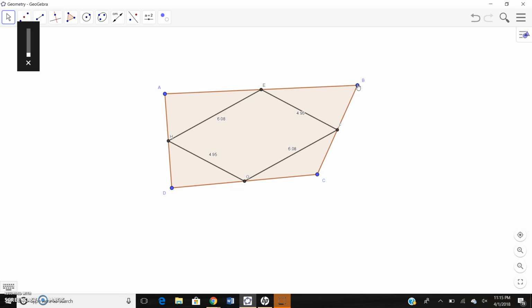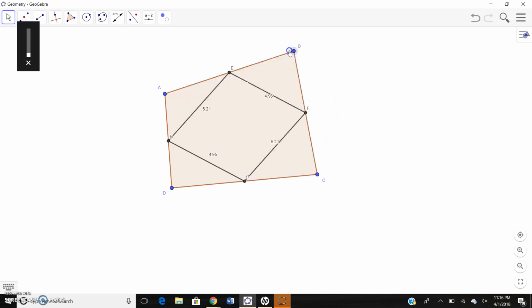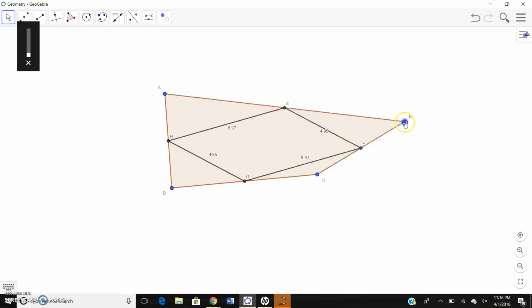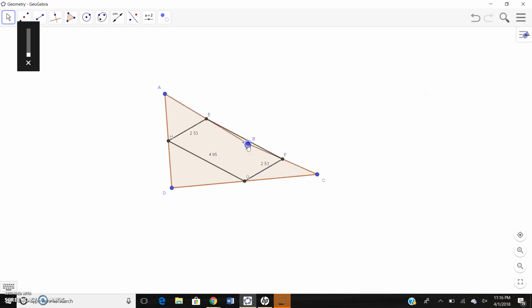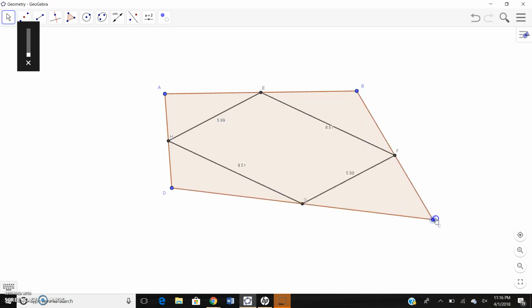And so I can test that by dragging points A, B, C, and D to see if that always is going to be true. So that's my next conjecture. And so let's see. They still are congruent. What happens if I move point C?